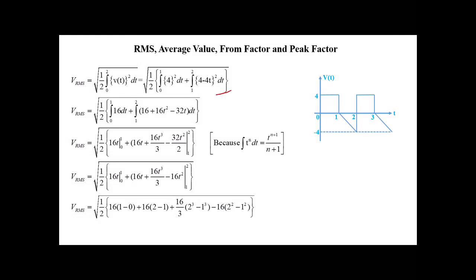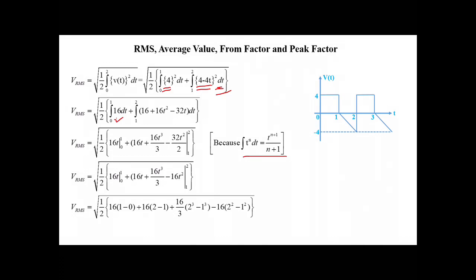VRMS equals under root 1 upon 2, integration 0 to 1 of 16, if we square the 4 it will become 16, dt plus integration 1 to 2, if we open this bracket, it will be 16 plus 16t square minus 32t into dt. Now apply the integration formula.